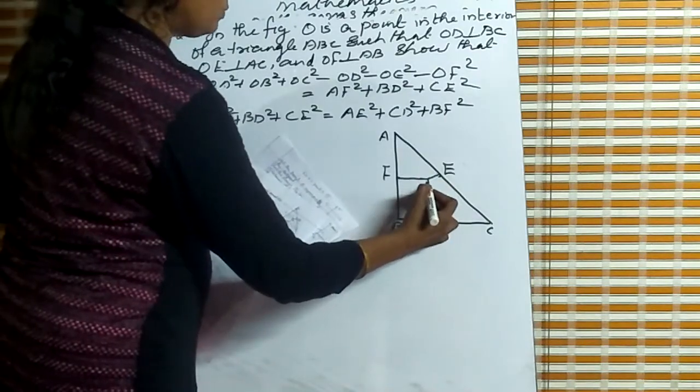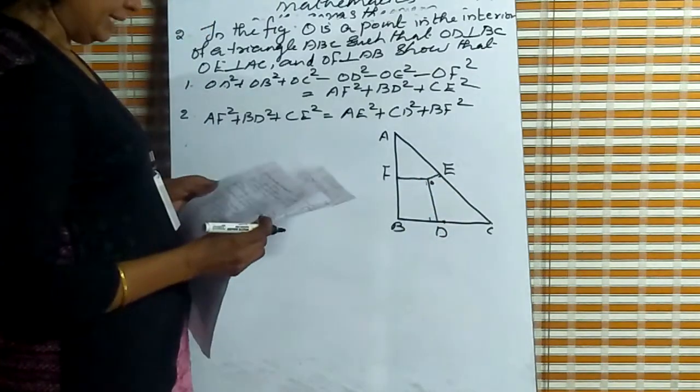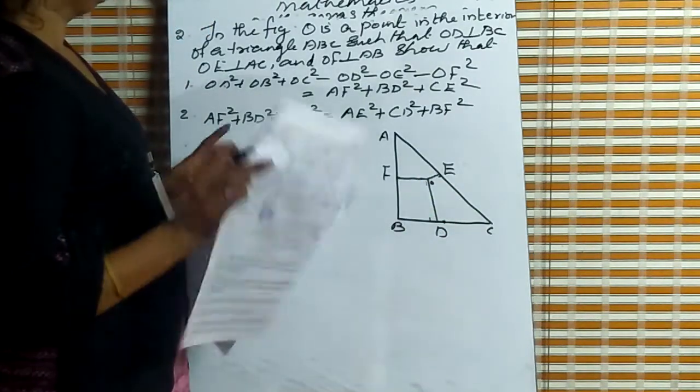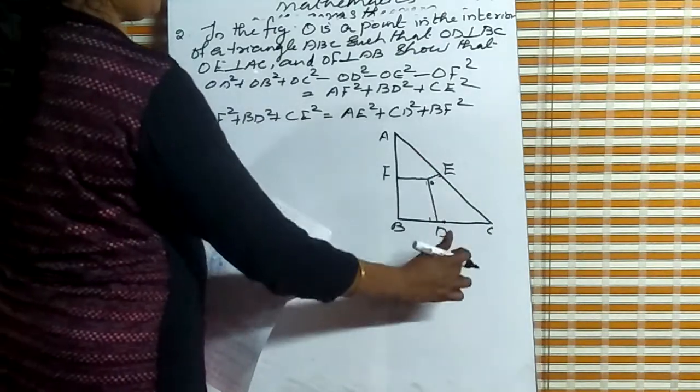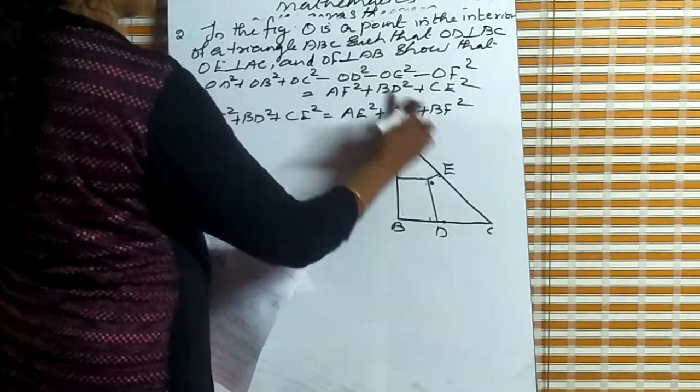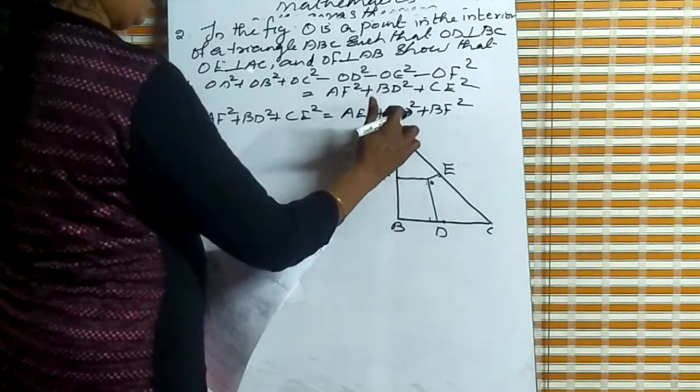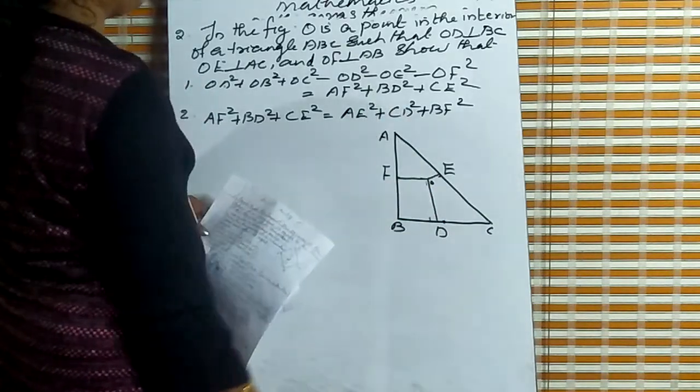This point is O. O is a point in the interior of a triangle ABC such that OD perpendicular to BC, OE perpendicular to AC, and OF perpendicular to AB.